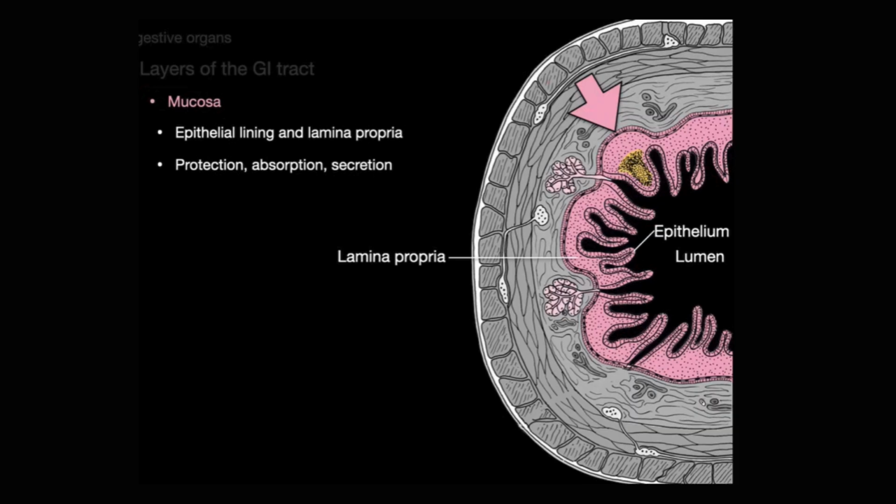You can see the inner portion of the esophagus is lined with epithelium. It also consists of lamina propria, which is made out of loose connective tissue. The overall function of the mucosa is to help with protection, absorption, and secretion of nutrients.